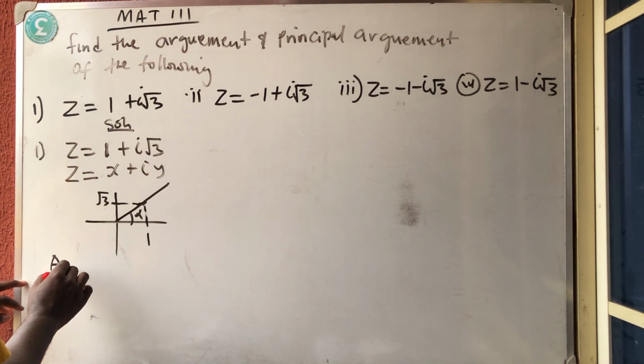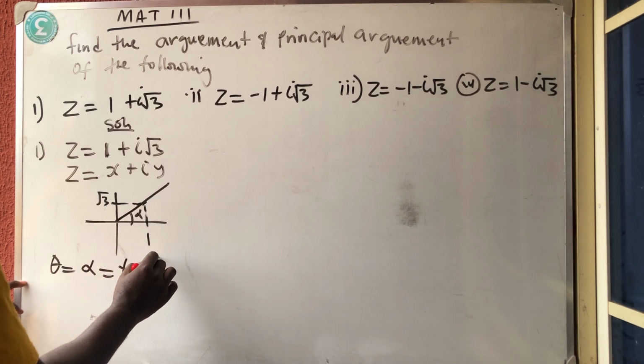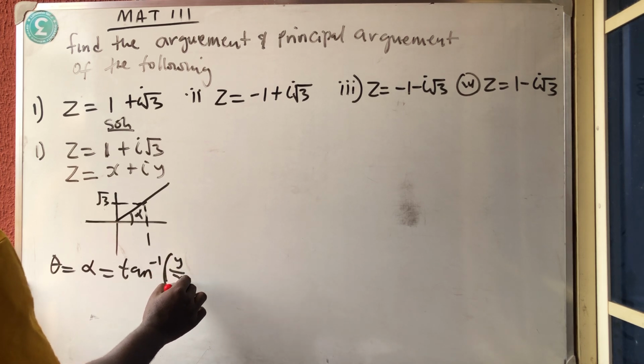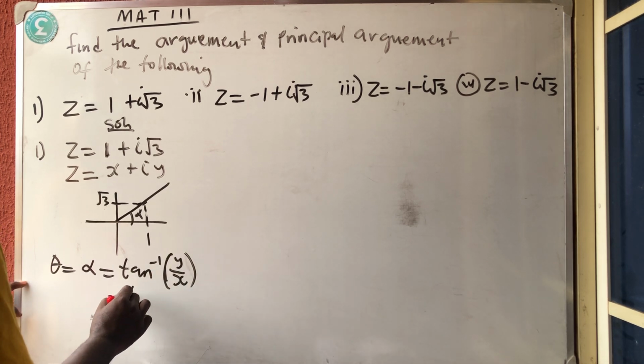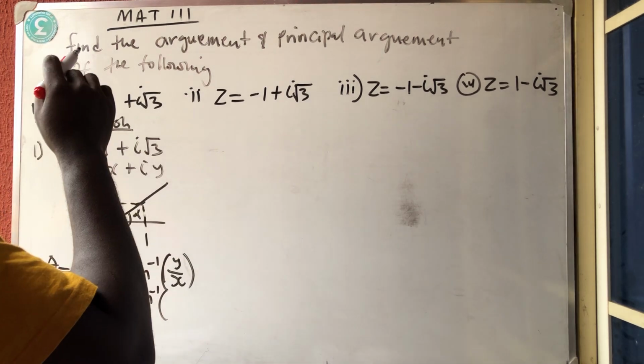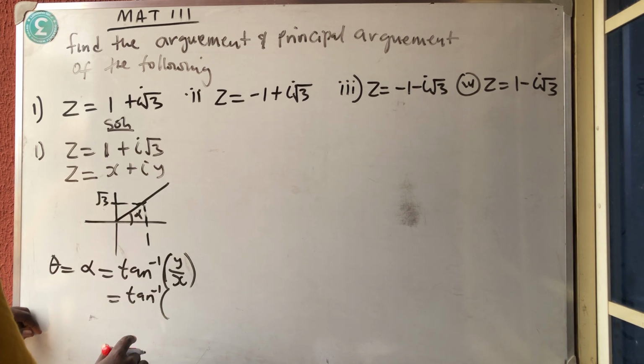My argument theta is the same thing as alpha, which is the same as tan inverse of y over x. So tan inverse of, what is my y?